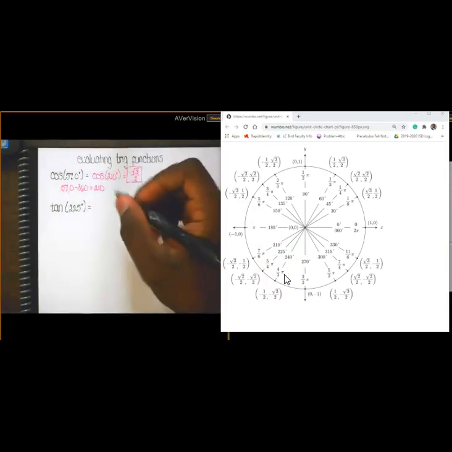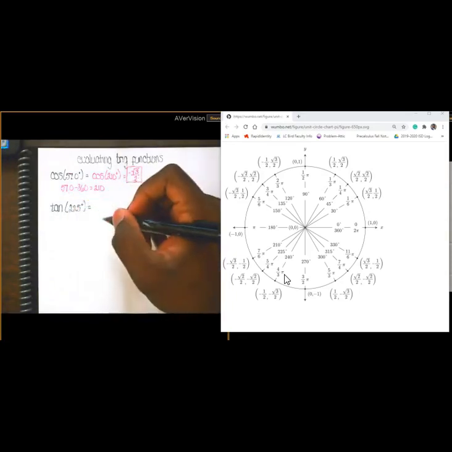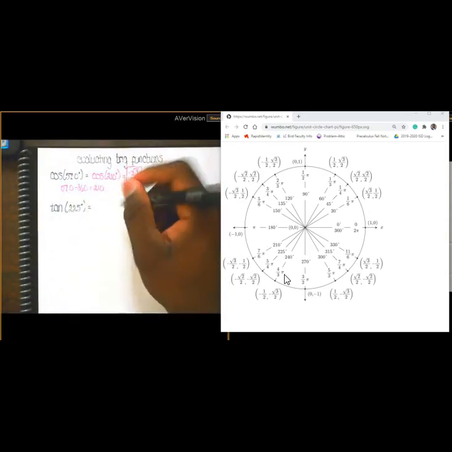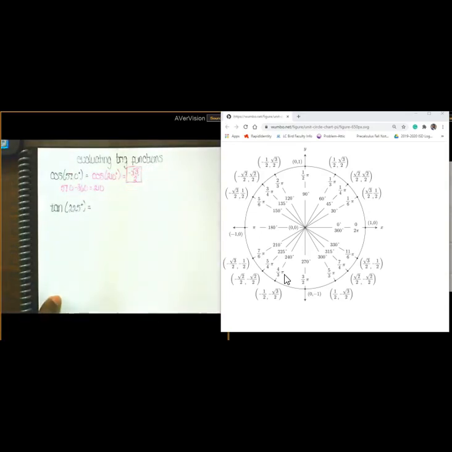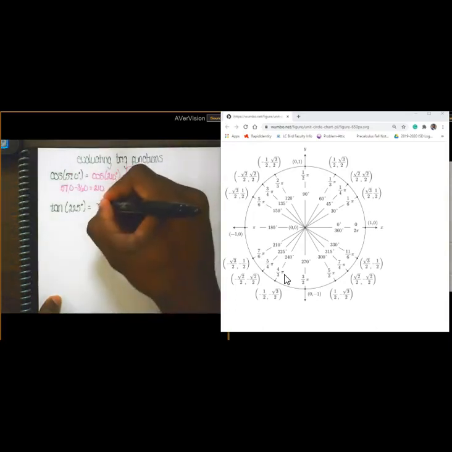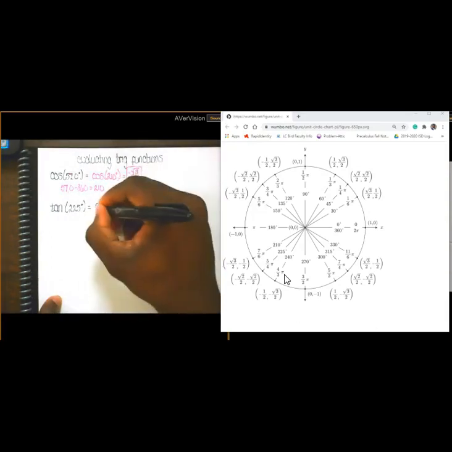I'll help. The best way to approach this one is to break tangent in terms of sine and cosine. What is tangent in terms of sine and cosine? So we want to find what sine of 225 divided by cosine of 225 is.